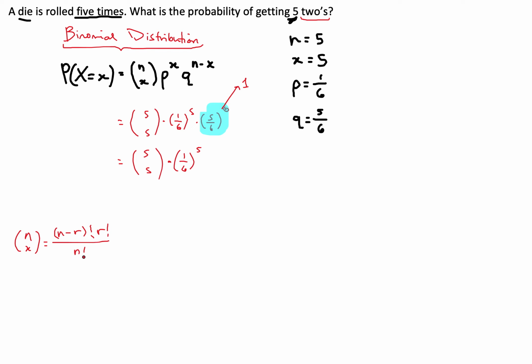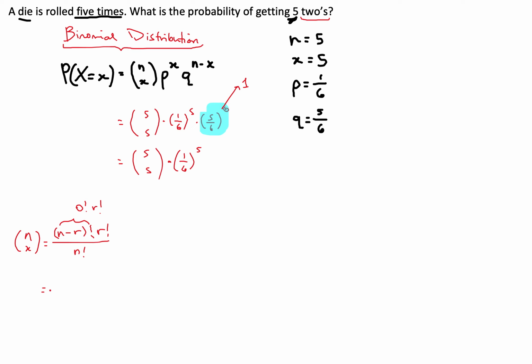Just by looking at the denominator part, n minus r will become 0 factorial, times r factorial.